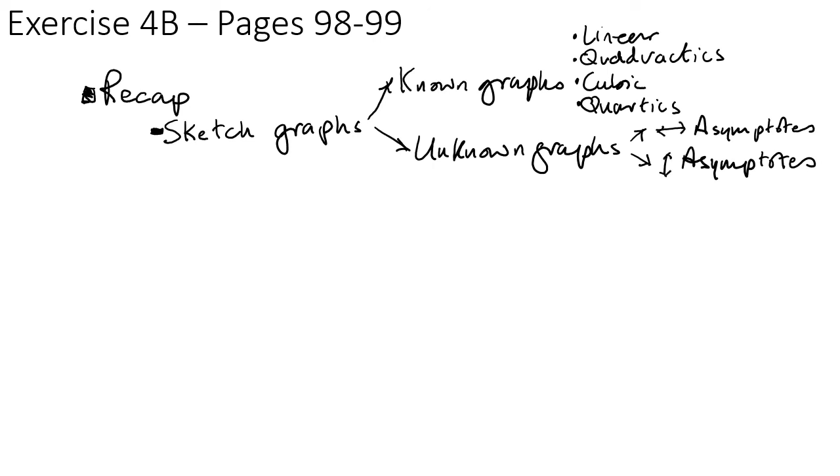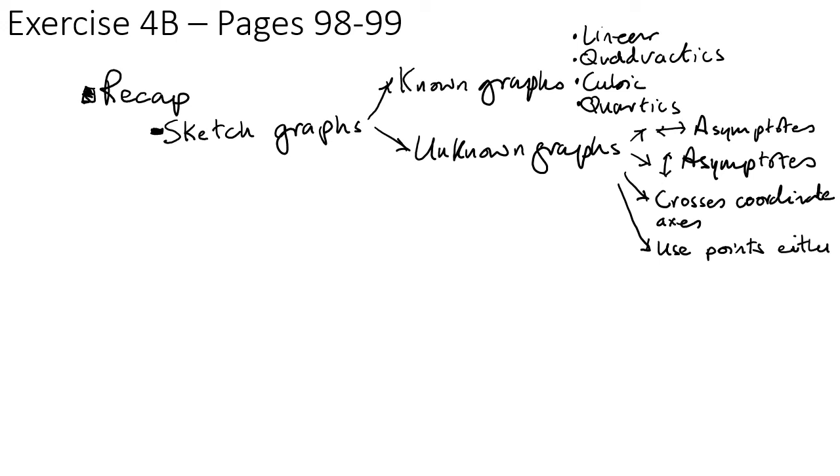And we also want to find any points where it crosses the coordinate axis. And if it crosses at 0, 0, then you will have to use points either side of the asymptotes that you've got. So pick x values either side of those asymptotes and see which section of where the asymptotes are, the graph is going to be.